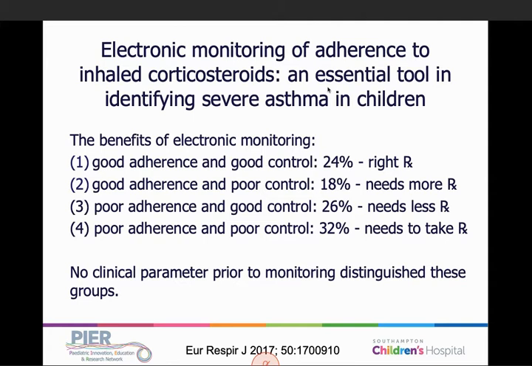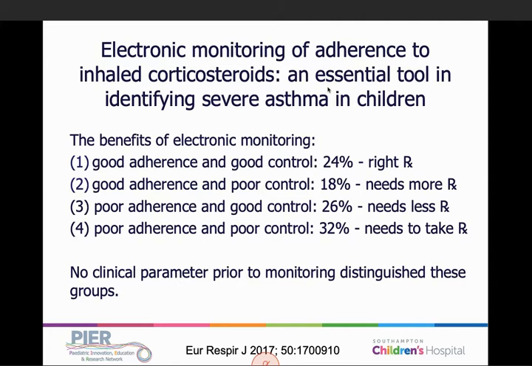And then there were patients at the bottom here who had poor adherence and poor control, about 32%, who needed to actually do something about taking their treatment. And interestingly, they looked at a number of things such as FeNO, bronchial hyperreactivity, and asthma quality of life assessments at the start of the study. And none of these distinguished between these 4 groups of patients.